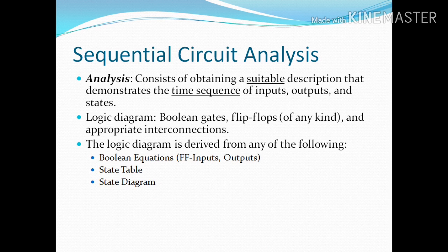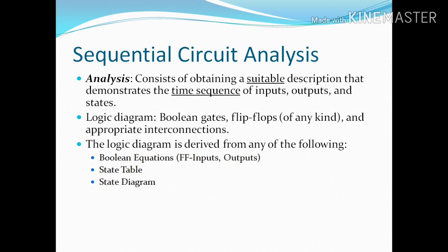The analysis consists of a suitable description that demonstrates the time sequence of inputs, outputs and states. Here the logic diagrams of flip-flops of any kind, along with the Boolean equation and state table, are also given.